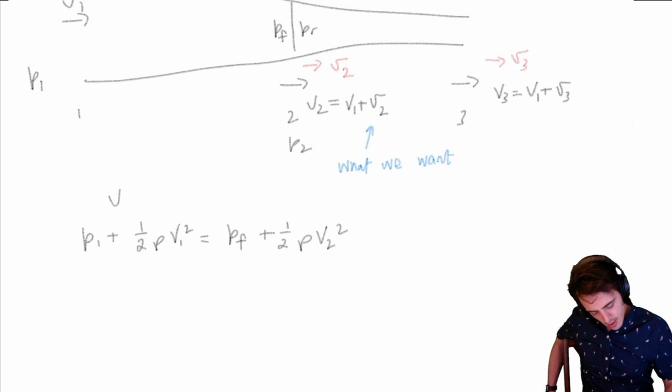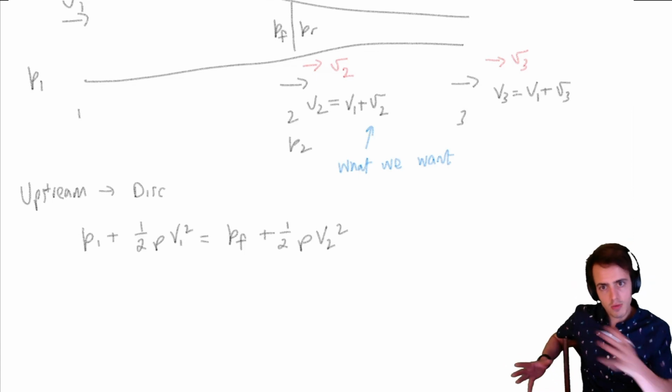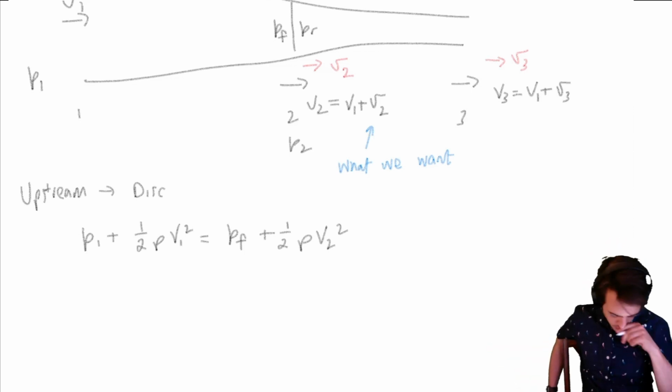So this is upstream to disk. So this has to hold true for the whole region from 1 to 2, but obviously not really applying at the disk.